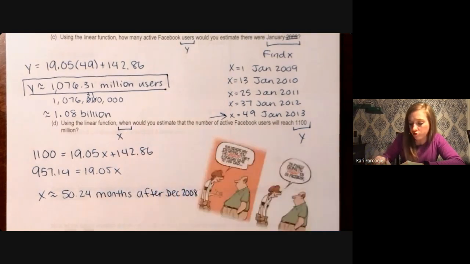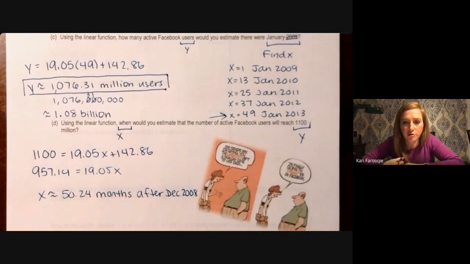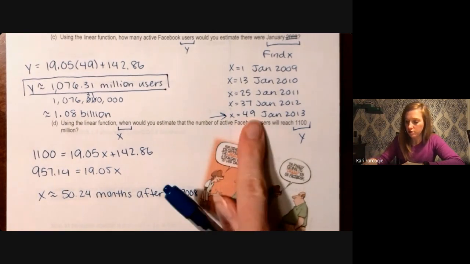So again, if you just got an answer of x equals 50.24, you'd be like, okay. You have to remember what x actually represents. It's months after December 2008. So we can figure out what that is. Let's see. 50 would be, oh, wait, we got this here. 50 would be February of 2013 because we already found 49.